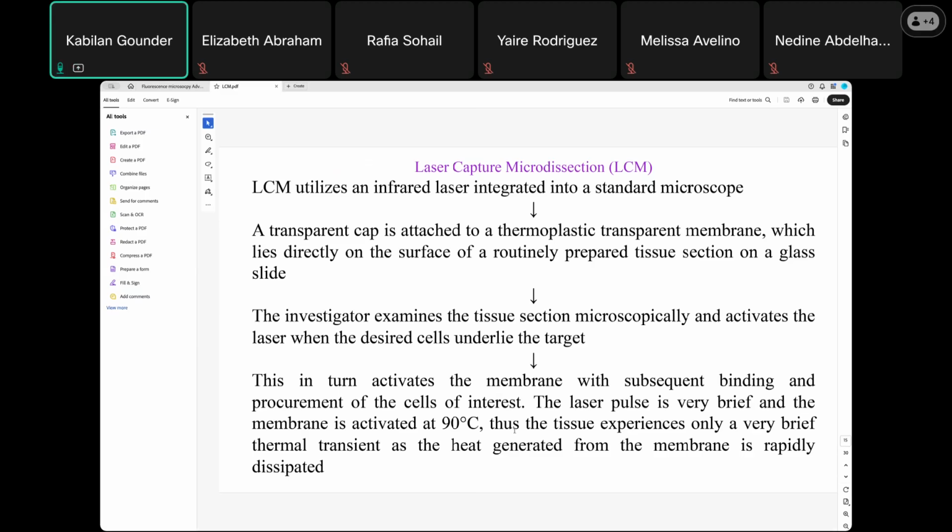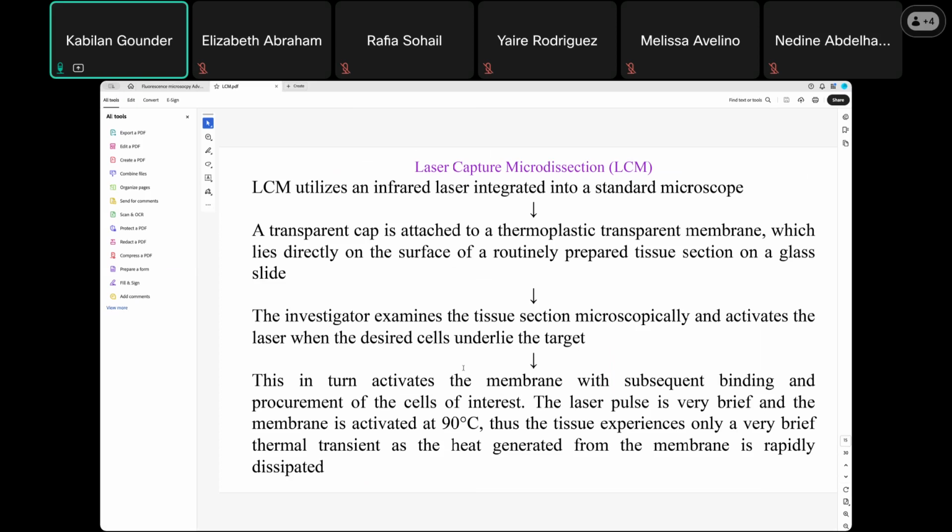You may ask one question: once it generates heat by infrared or UV, does it not degrade the protein or nucleic acid, or damage the cell structure? The answer is, this in turn activates the membrane with the subsequent binding and procurement of the cells of your interest. During this process, the laser pulse is very brief and the membrane is activated at 90 degrees centigrade.